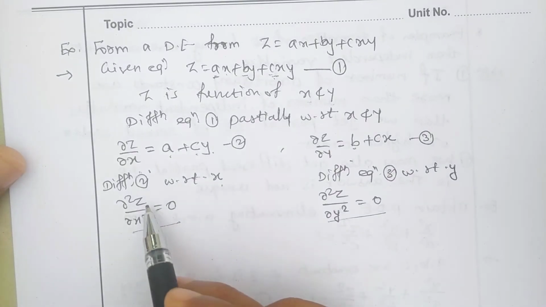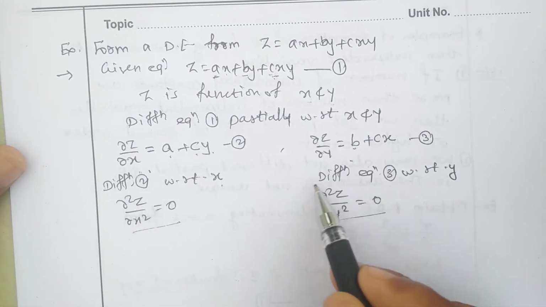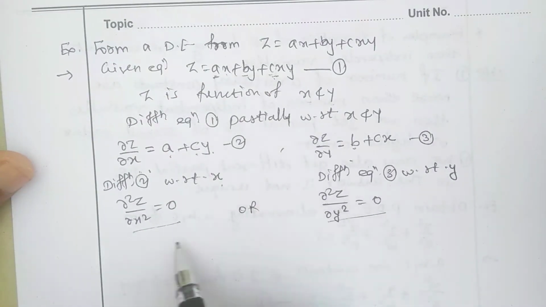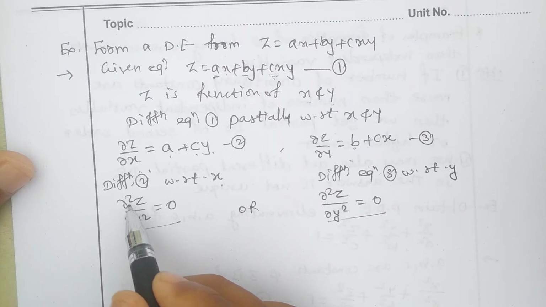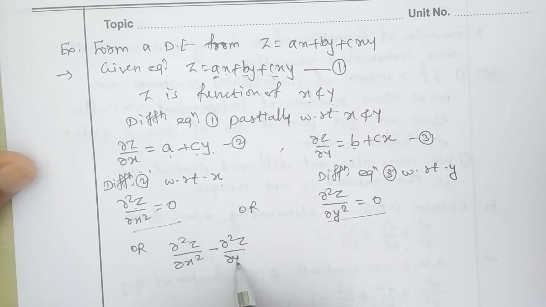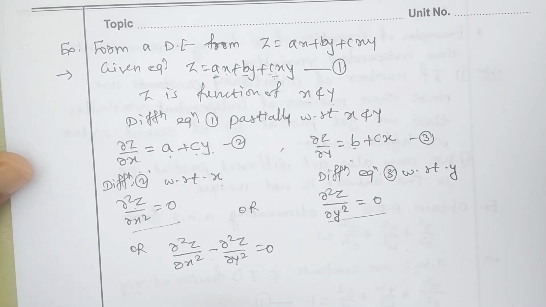We can consider this as a solution, or we can also consider this as a solution, or the subtraction of these two, ∂²z/∂x² minus ∂²z/∂y² equals 0. This can also be considered as a solution.